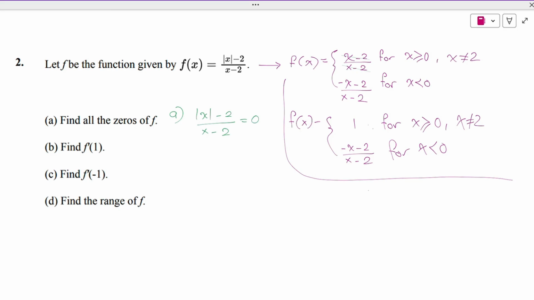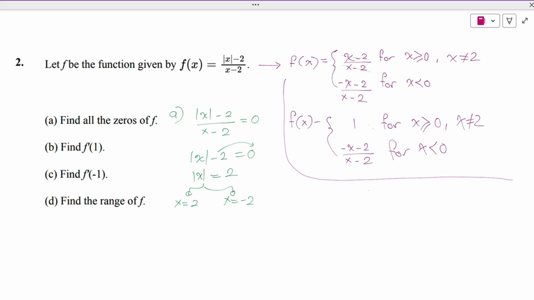So it's only the numerator that can be 0 in this case. That means the absolute value of x minus 2 equals to 0, and get the 2 to the other side. So the absolute value of x equals 2. By moving the minus to the other side, it becomes 2. The absolute value of x equals 2. That means what? X can be 2, or x can be minus 2.